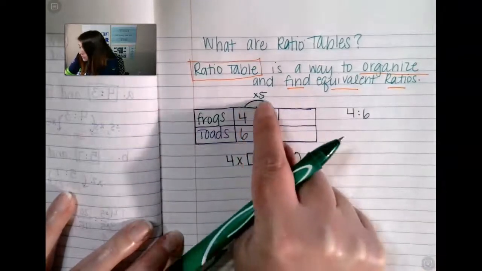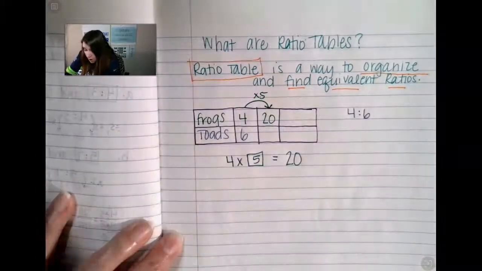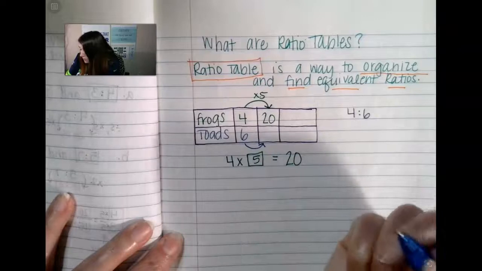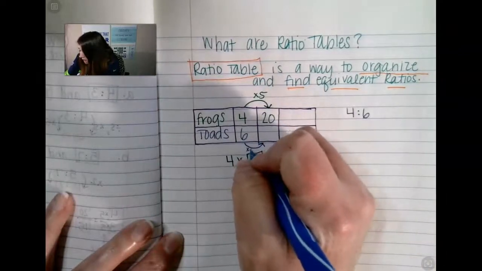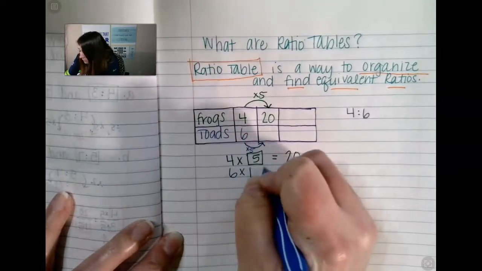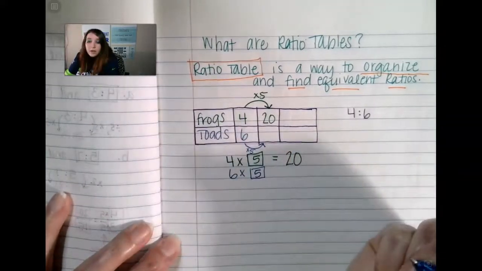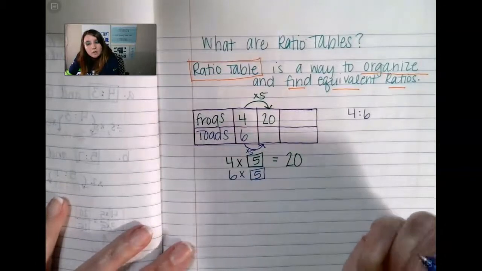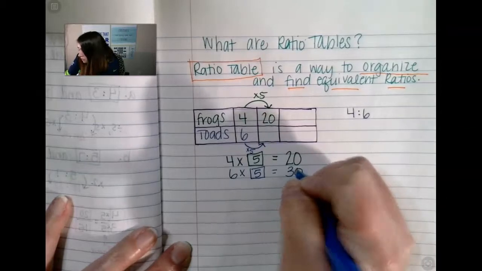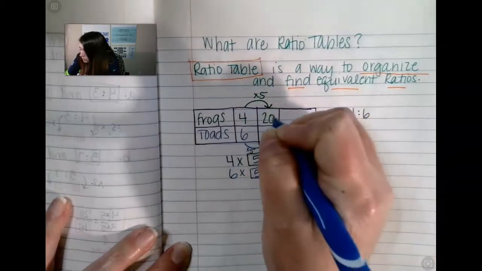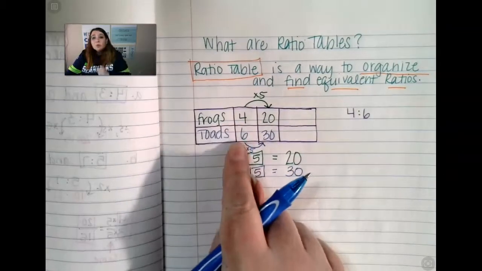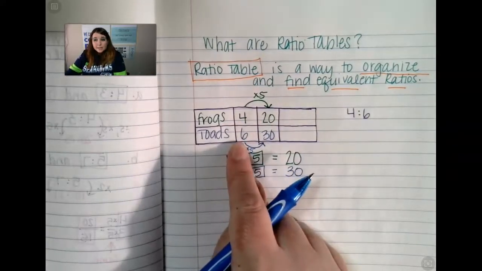So if I multiplied by 5 here on the top, on the bottom I would need to multiply by 5. So this one becomes 6 times 5 to give us an equivalent ratio. And we know that 6 times 5 is 30. So 20 over 30 is an equivalent ratio to 4 over 6.